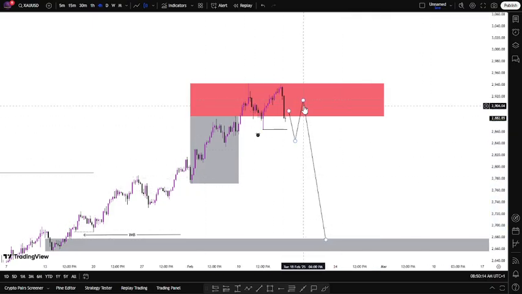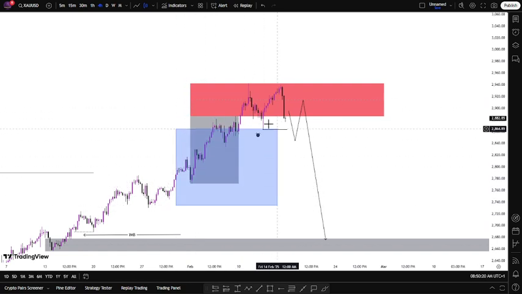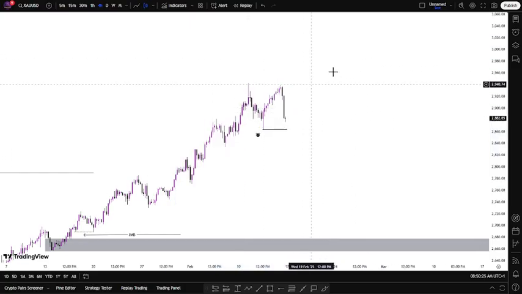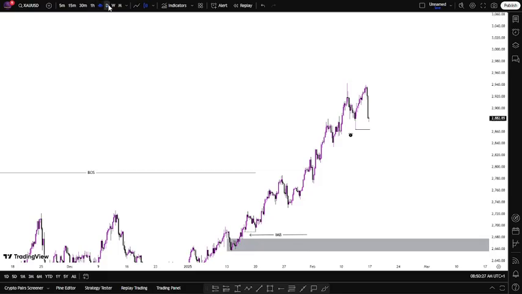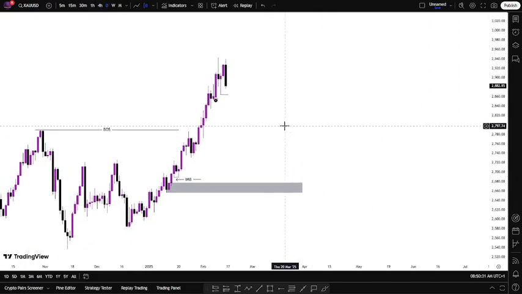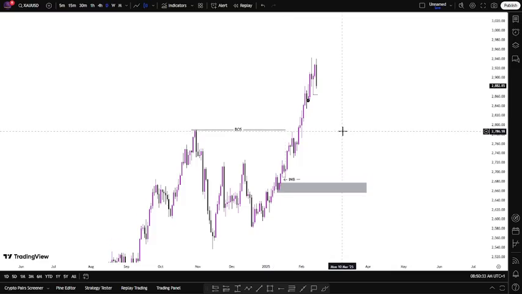That's how it is. The idea is to target the low. So whichever way you trade is left for you.